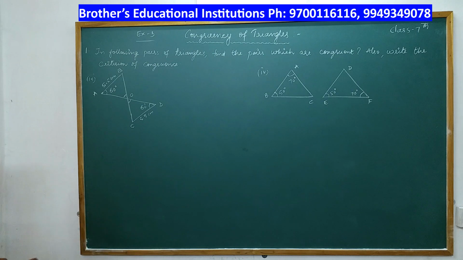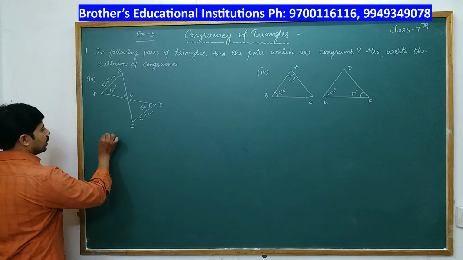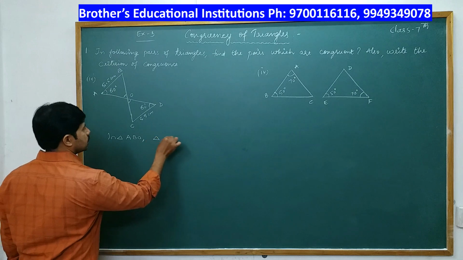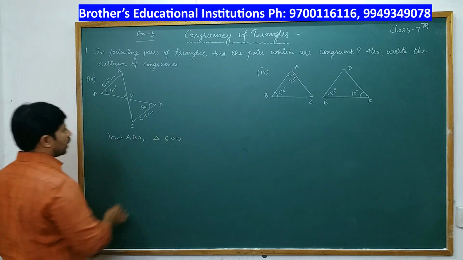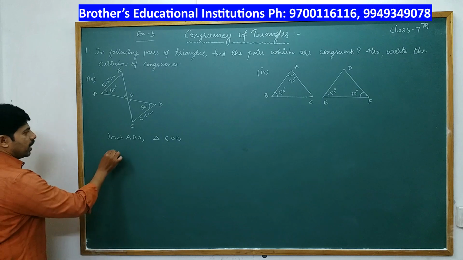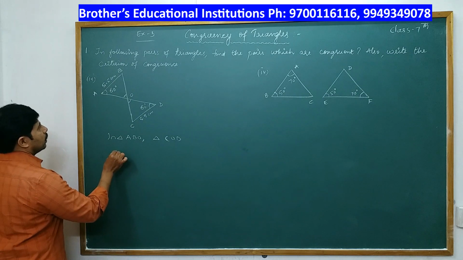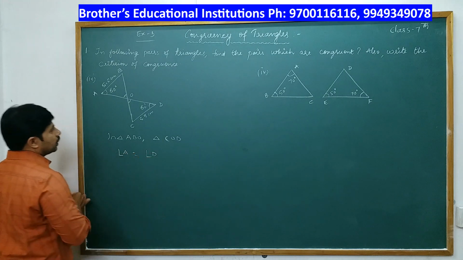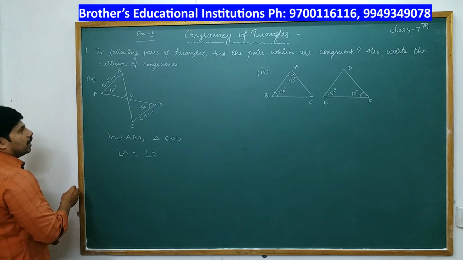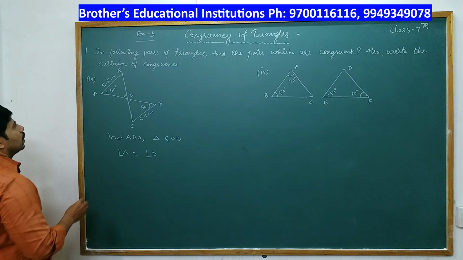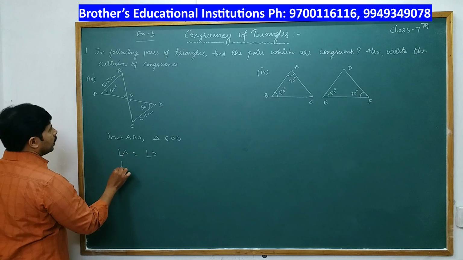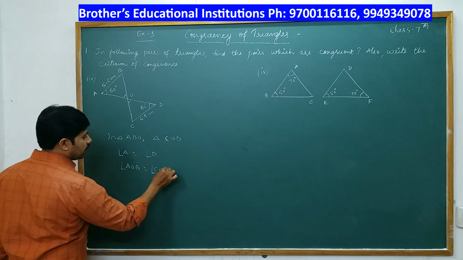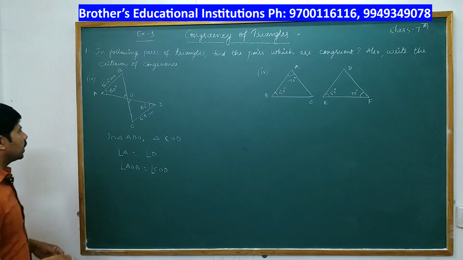Right. So we have two triangles, triangle ABO and triangle COD. In these two triangles, we observe angle A is equal to angle D. Angle AOB is equal to angle COD, because they are vertically opposite angles.